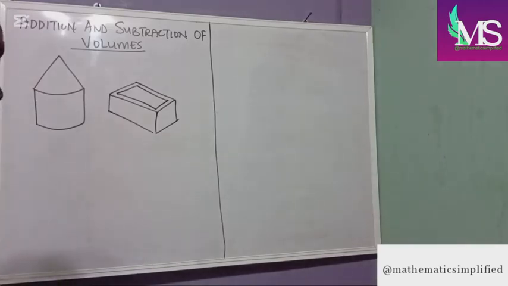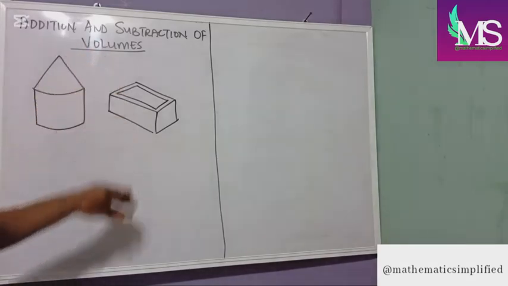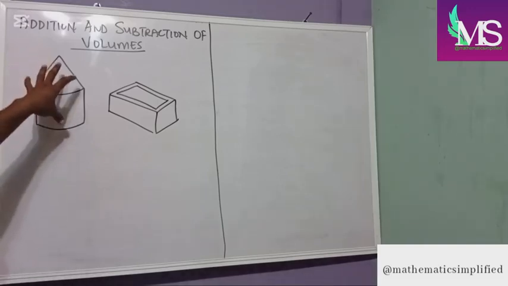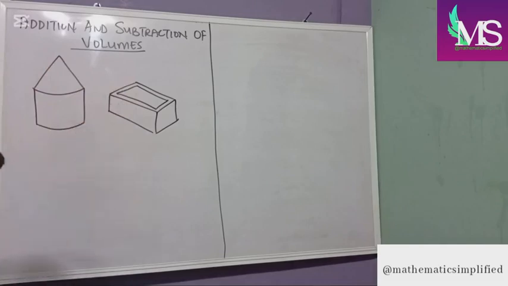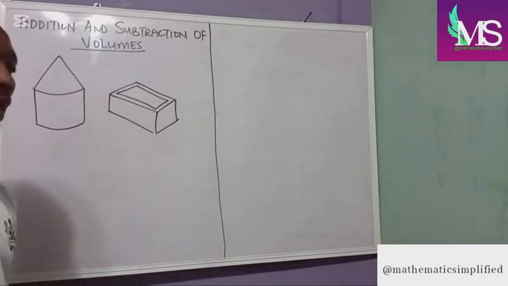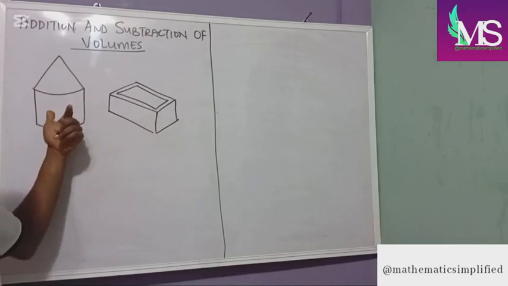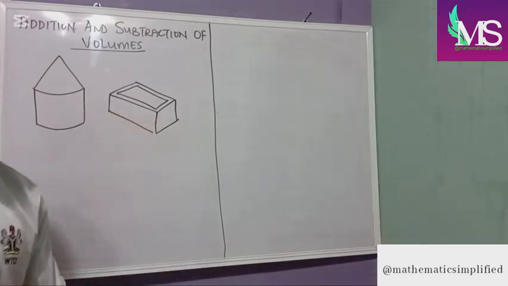All those are hollowed shapes. Now in addition and subtraction of volumes, we'll be considering composite shapes and hollowed shapes. So we'll dive right into it, looking at examples for each of them.